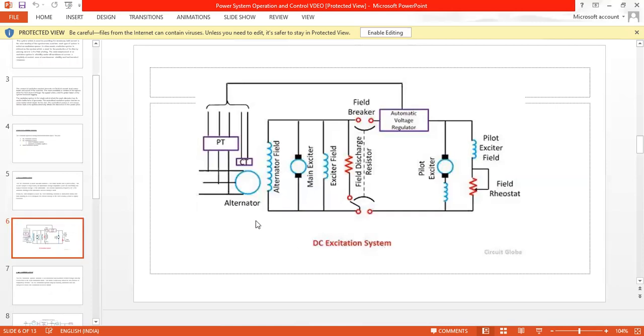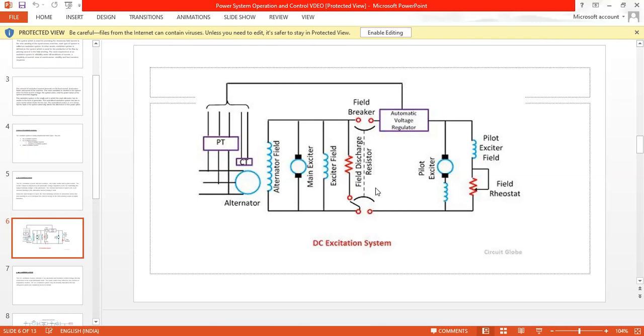Here on the left side of the figure, we can see the alternator, which is connected to the PT box and the CT box in series, whereas the main body consists of the field breaker, alternator field, main exciter field, field discharge resistor, and a box which is a supply for the excitation system, stated to be the automatic voltage regulator.